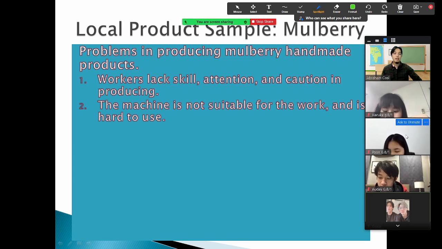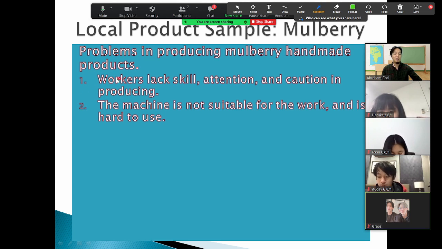What is a machine? Anyone? So for number 1, labor is the problem. Haruka, what is the problem in number 2? Capital. Okay, very good. Remember, capital is a production factor that is used with labor to make the production faster, something like that.